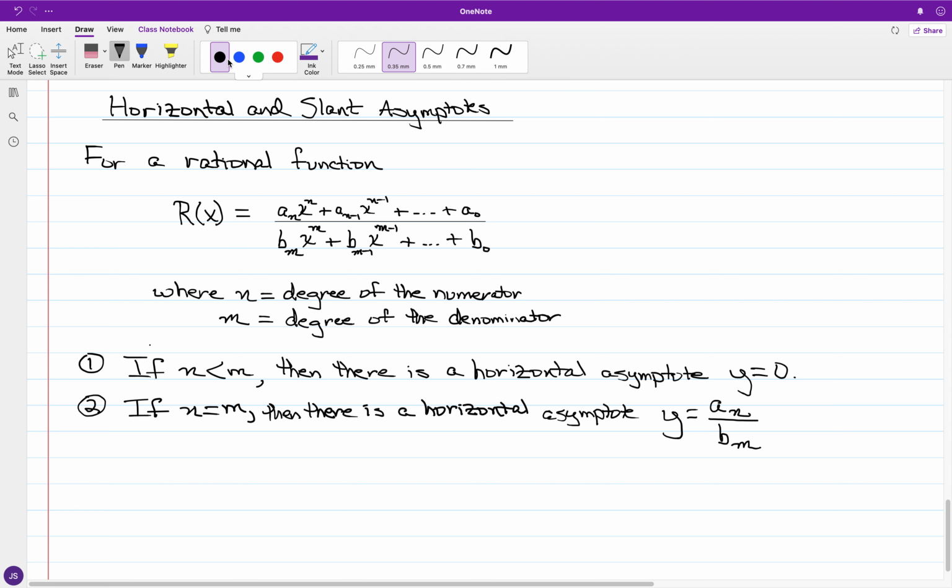Now, if we cross over to greater than, by 1 degree, in other words, if n is greater than m by 1, then there is going to be what is referred to as a slant asymptote.